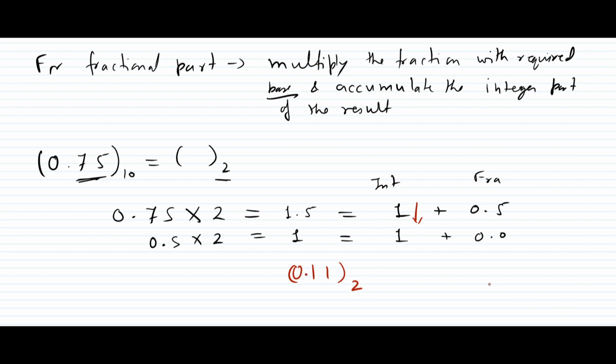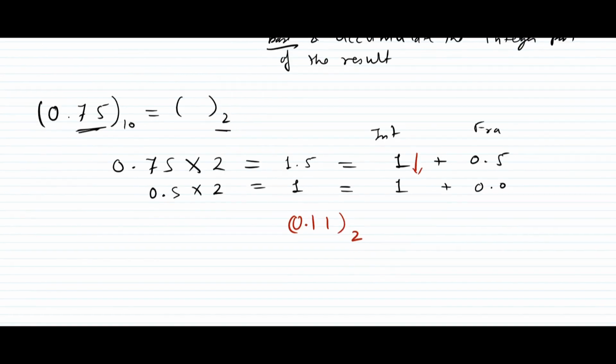Now let me give you one more example. Suppose this example is 0.513 to the base 10. What will this be in base 8? Now for this, what do I have to do?